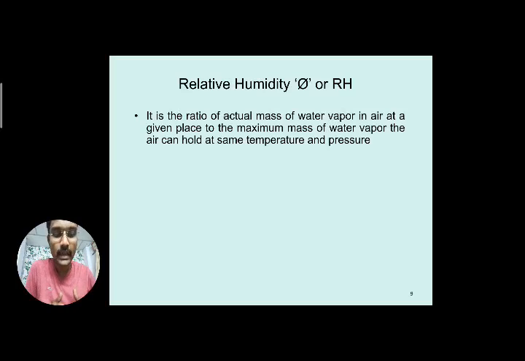First, you consider the actual mass of water vapor in air at a given place. For example, if you have to measure the relative humidity at a particular place, the first thing is the actual mass of water vapor present in the air at that place, to the maximum mass of water vapor the air can hold at the same temperature and pressure.